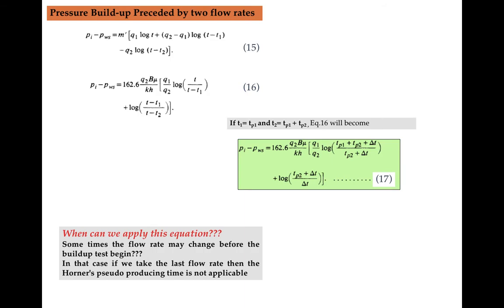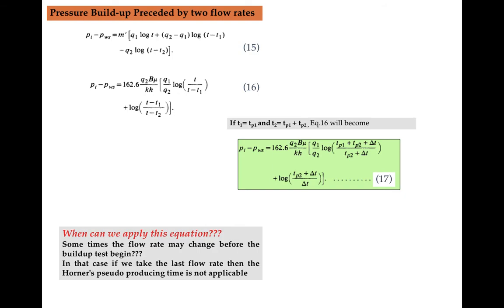So what is the duration of the last flow rate? The last flow rate duration should be twice that of its preceding flow rate, right? And if it is not so, the pseudo producing time given by Horner's will not be applicable.